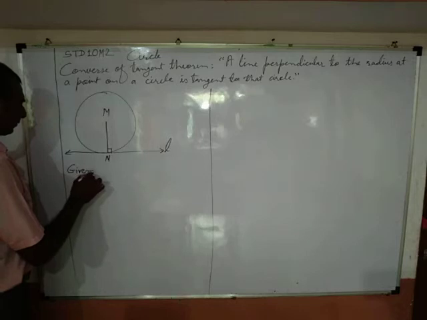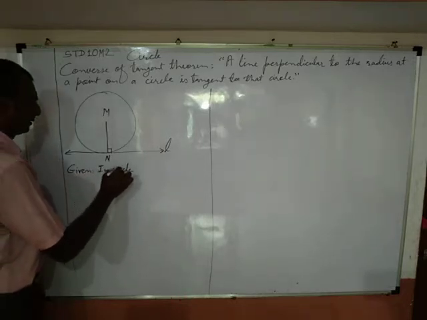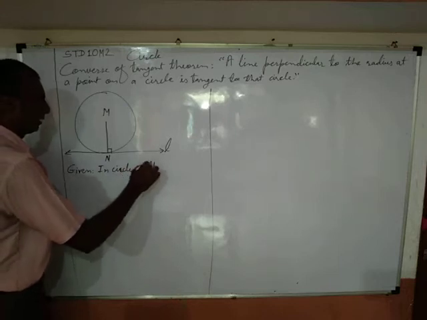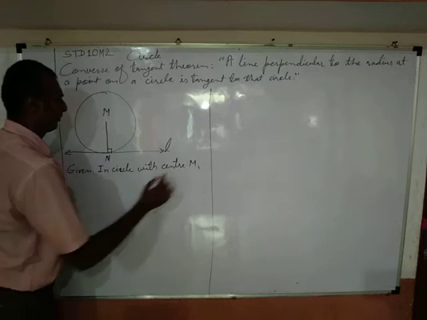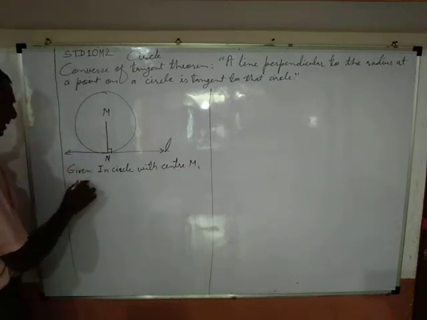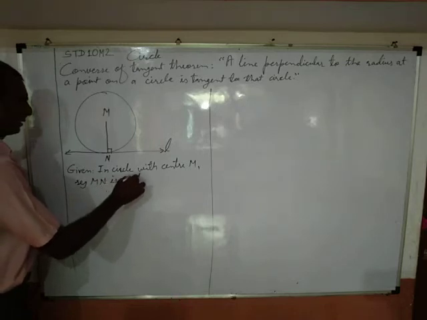Given: in a circle with center M, seg MN is a radius.